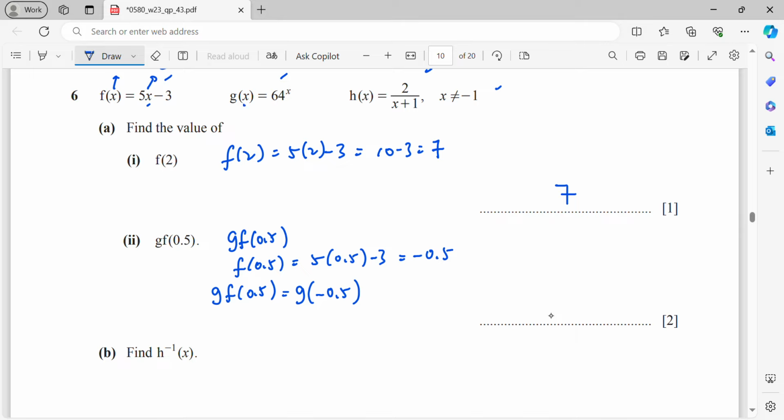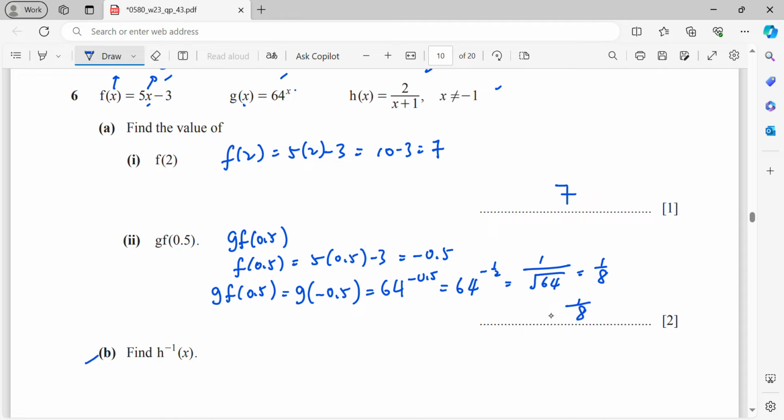So now replace the x accordingly. So I'll get 64 to the power of negative 0.5. This is 64 to the power of negative half. It is the same as, when you see negative, it means 1 over 64 to the power of half, which is the square root of 64. Then this is 1 over 8. So the answer is 1 over 8.